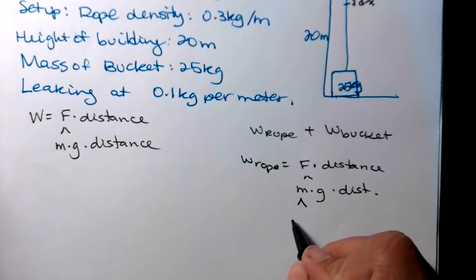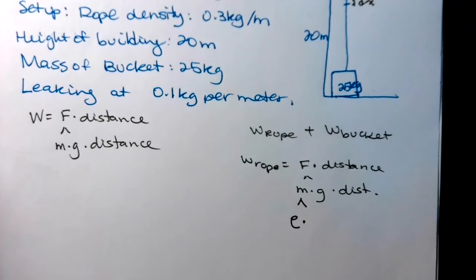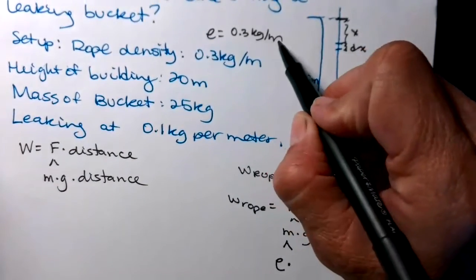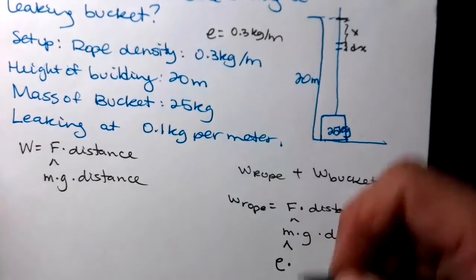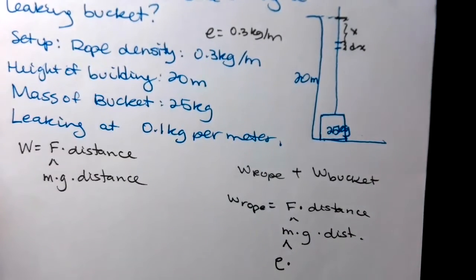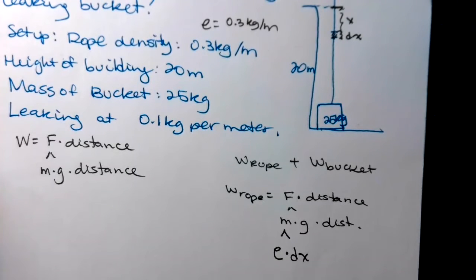And then the mass is the density times, let's think about that. It was kilograms per meter, so I need a per linear amount here. And what it is is that little chunk of dx. So the mass is actually rho dx. That's the mass in that little chunk that we're lifting up.